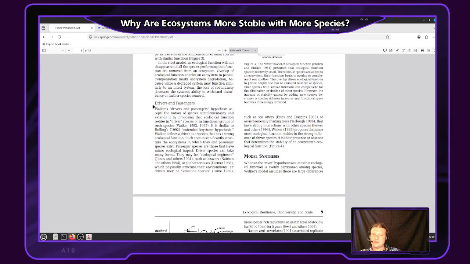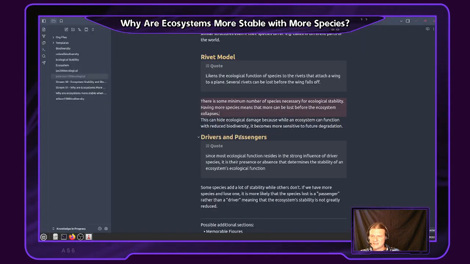Let's review this drivers and passengers model real quick. We should probably talk about ecological engineers and keystone species at some point in this series. So let's actually make a note here.